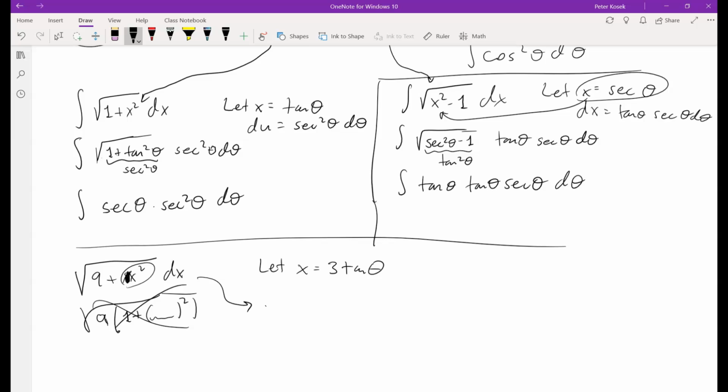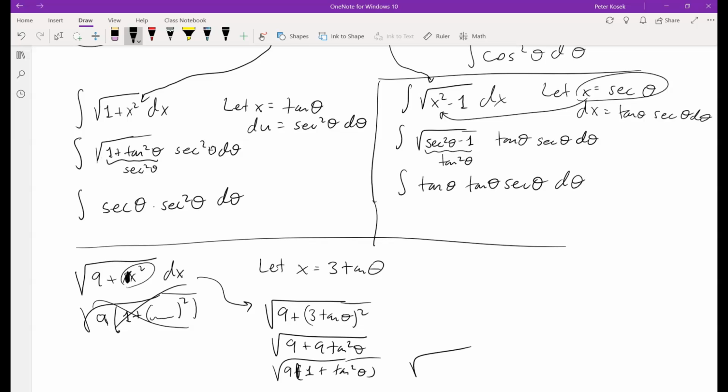When I plug in, we see that I would have a square root of 9 plus 3 tangent theta squared, which becomes 9 plus 9 tan squared theta, which then becomes 9 times 1 plus tan squared theta, which gives me what I want, 9 secant squared theta. And we said that we always want the square root to cancel with a square, and we're going to have a 3 secant theta that's left.